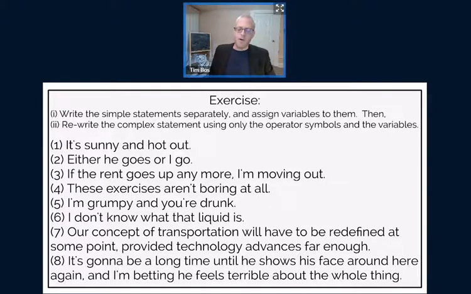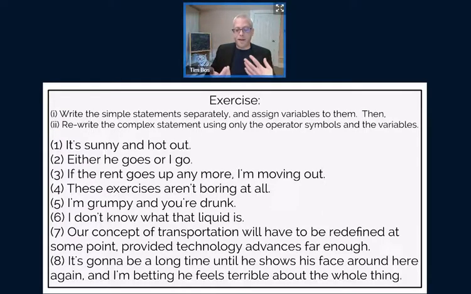And remember, we want to put it in the correct order for if-then. Right, so if we were to translate this into an if-then statement, really what you'd have to say is, if technology advances far enough, then our concept of transportation will have to be redefined at some point. Okay. I know it's a mouthful, but you're still just saying if P then Q, right? It's just that we had to switch it around.